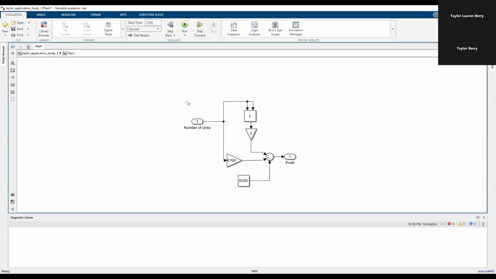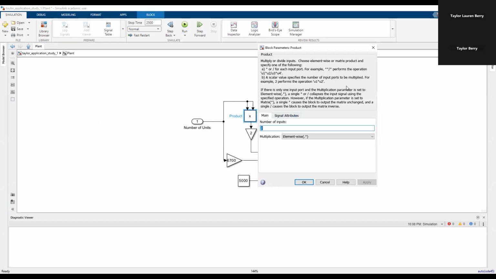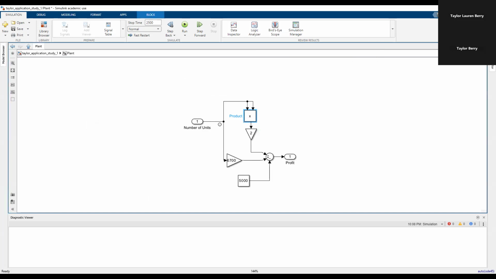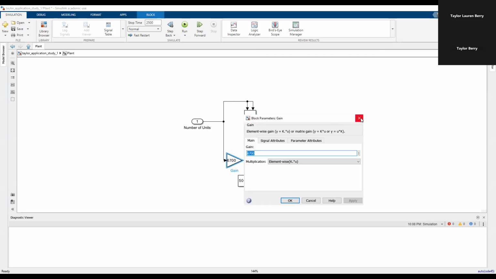If we zoom in here, we can see what our plant looks like. We have X being multiplied by 2, and then we have our 6,700 gain here to represent the 6,700x.